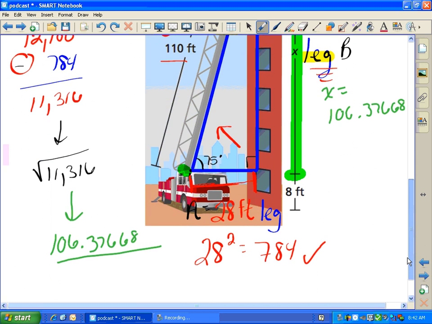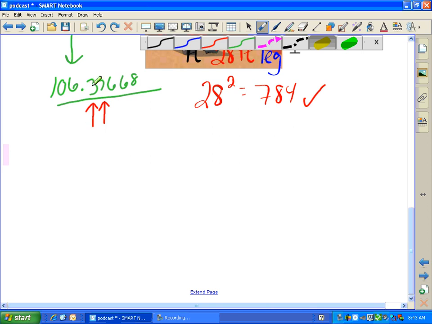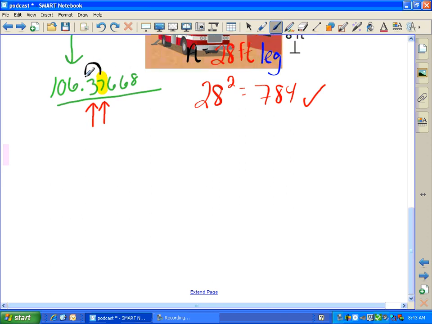So if I'm rounding this number to the nearest tenth, I'm going to look at my place value. Well, this is my tenths place. This is my hundreds place. Remember, if I want to go to the tenths place, I look at the number to the right. If this number is 5, 6, 7, 8, 9, I'm going to go back and add 1 to the 3.